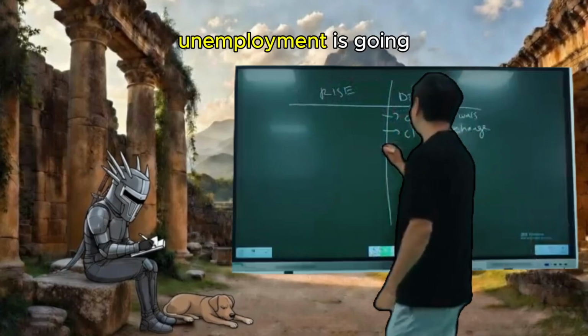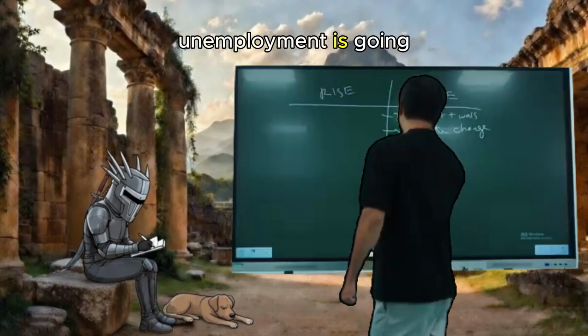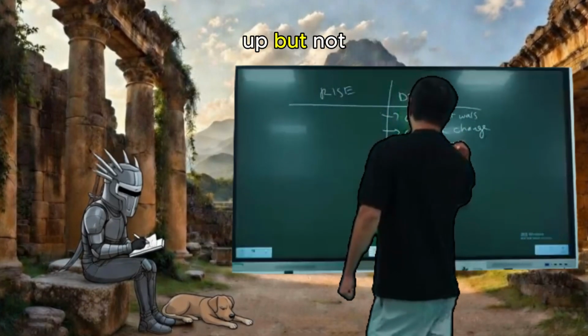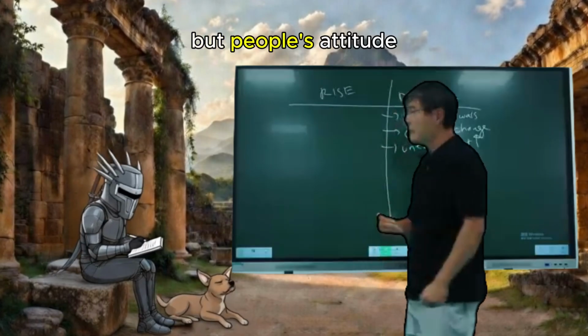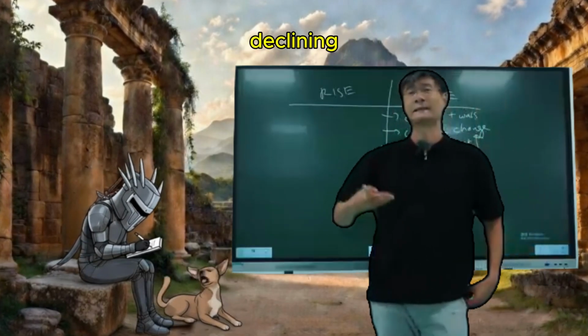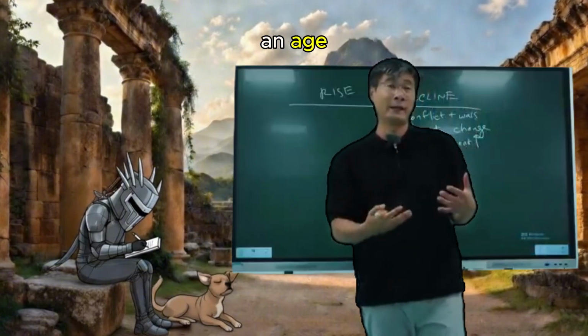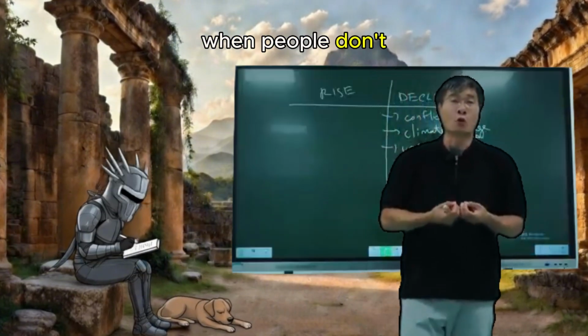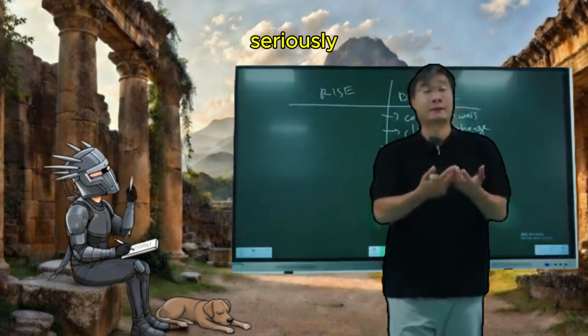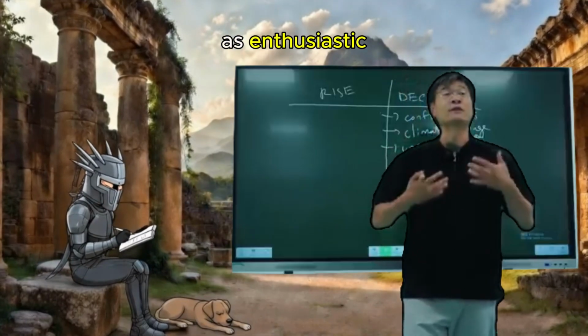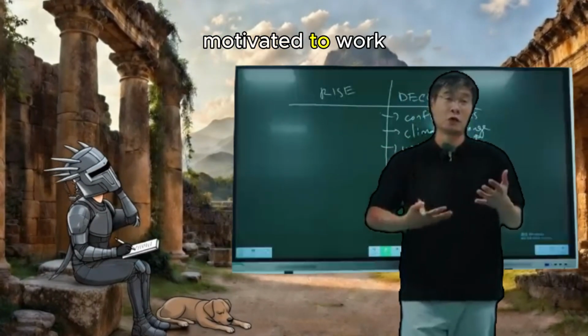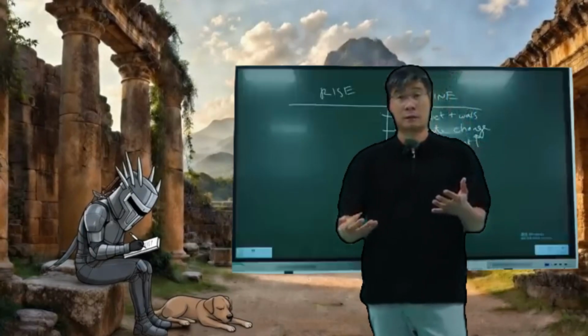Good, yes. Unemployment is going up. But not only that, but people's attitude towards work is declining. We live in an age when people don't take work that seriously. People are not as enthusiastic. They're not as motivated to work hard as before.